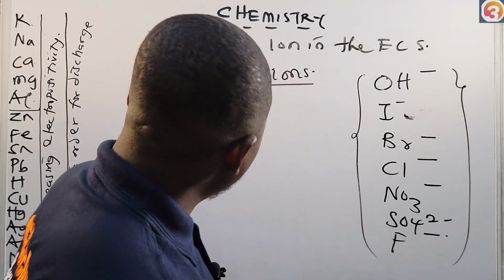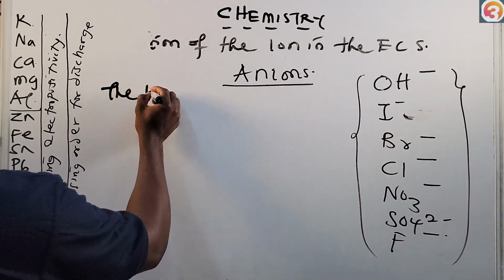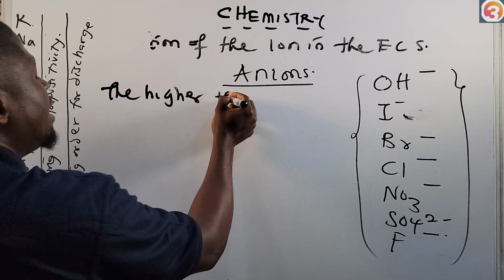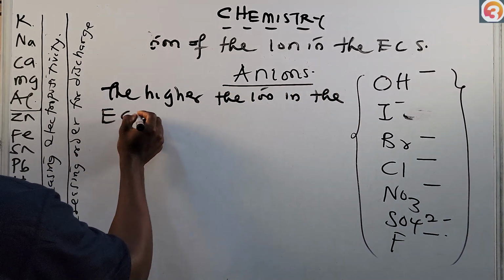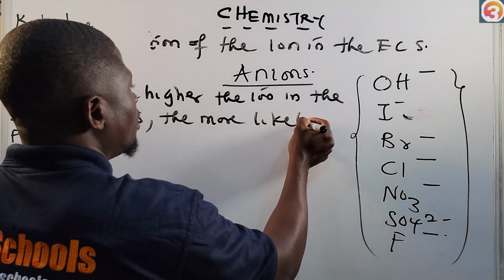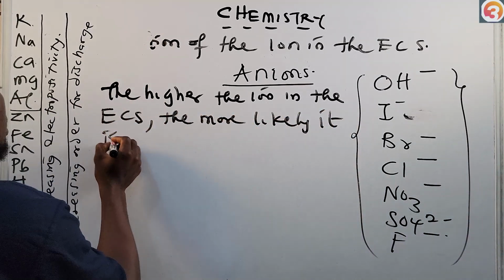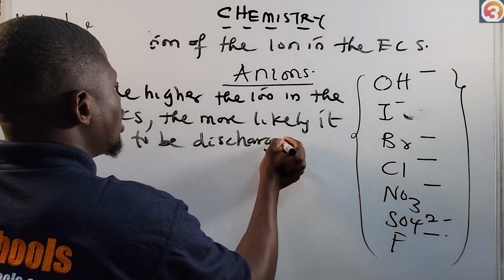So let's continue. Now for the anions, the higher the ion in the ECS, the more likely it is to be discharged.